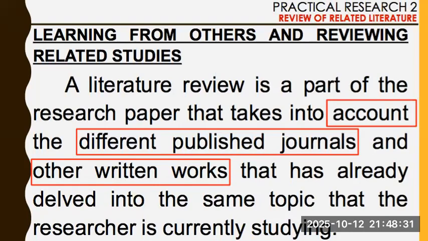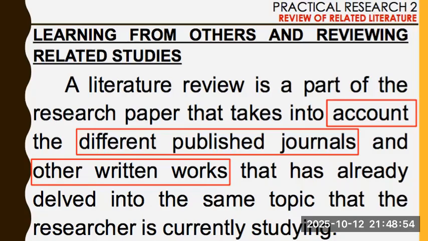What is a review of related literature? Let's start by understanding what an RRL is. A review of related literature is a section of your research paper where you gather and discuss existing studies, past studies, and written works connected to your topic.